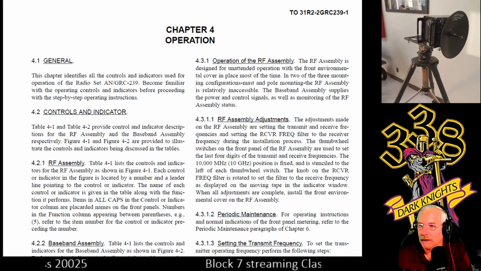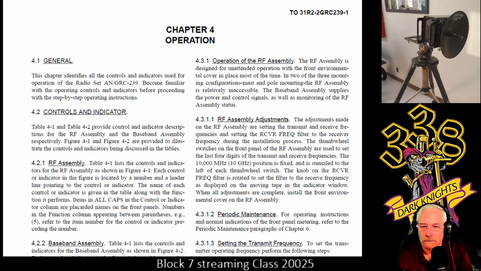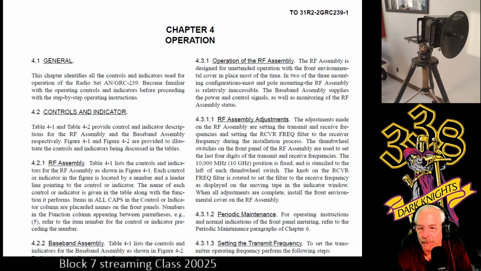Chapter 4, Operation. What we have done, I should say Mr. Miller has done, is he's taken this and pulled out the extract, and you should be able to read it from the notebooks that we will be giving you when you do your test setup.